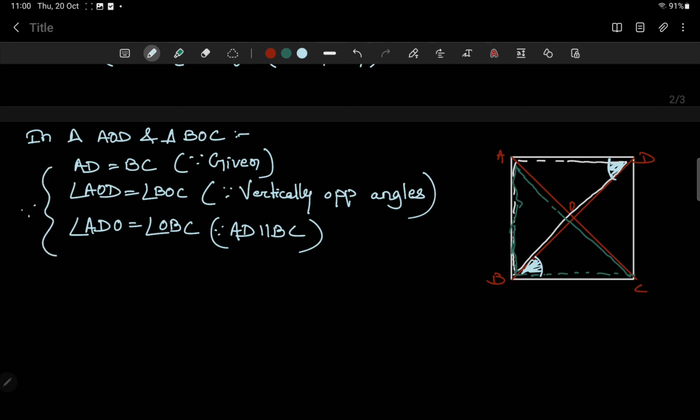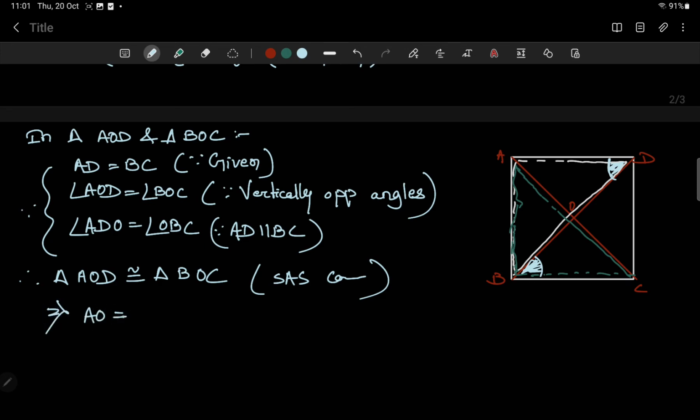So hence we can say that triangle AOD is congruent to triangle BOC. Why? Due to SAS congruency, which implies that AO equals CO and BO equals DO, due to CPCT.